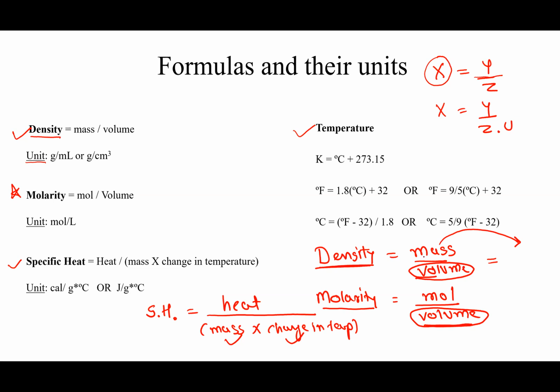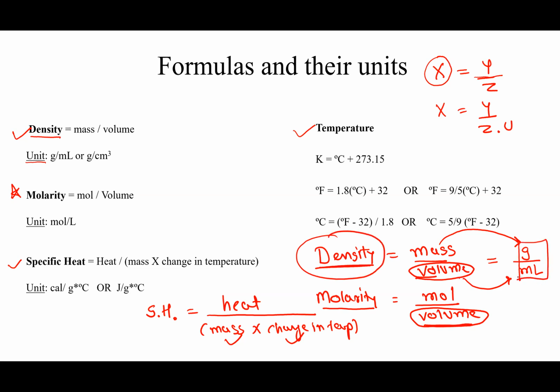Mass, what unit do we use for the mass? Generally we use gram. Volume, what unit do we use for the volume? mL is the unit we use for the volume. It means the unit for the density is grams per mL.